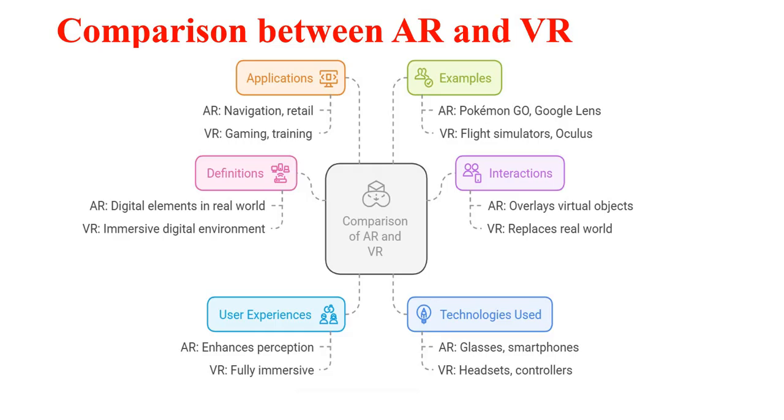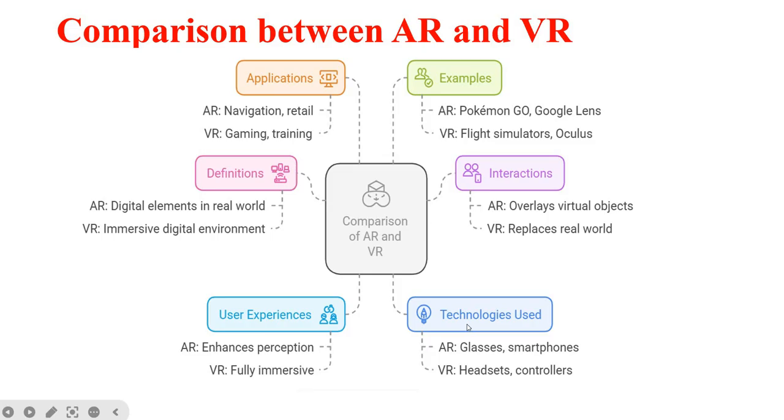Then you have user experiences. Augmented reality enhances real world perception with additional data, whereas with virtual reality a fully immersive experience is there, and it blocks out the real world. Then you have the technology used.